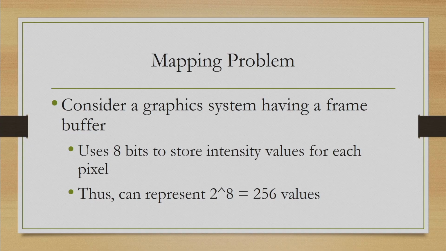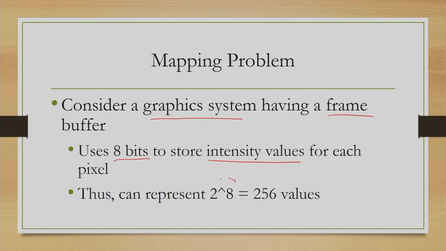What is this problem? Let us try to understand it in terms of an example. Suppose we have a graphics system which has a frame buffer where 8 bits are there for each pixel location. That means 8 bits are there to store intensity values for each pixel. Now, with 8 bits, how many colors can we represent?